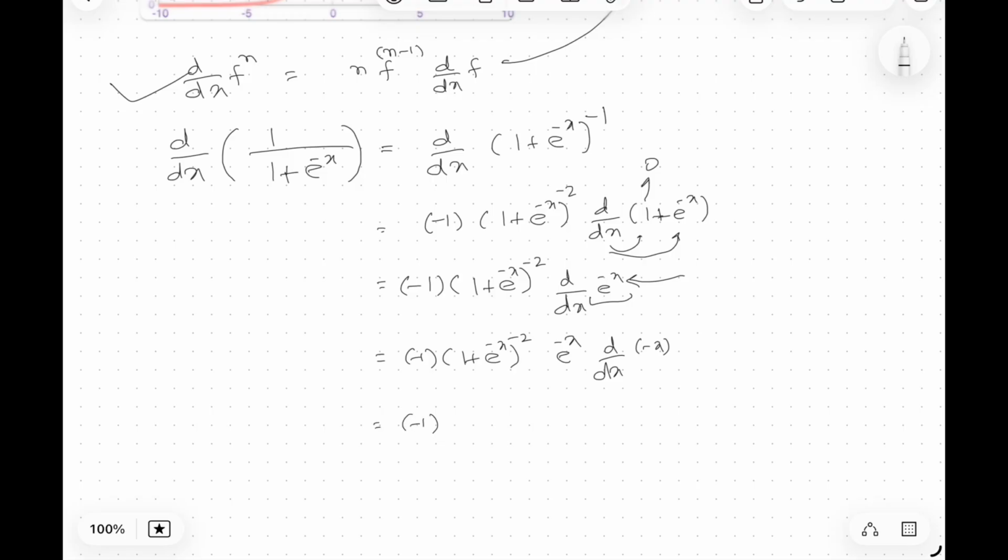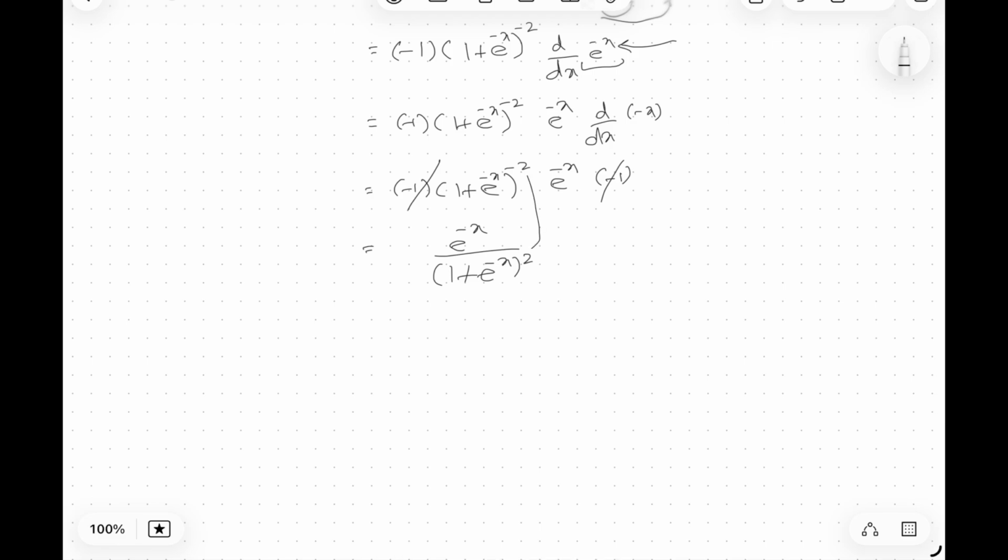This will be minus (1 plus e to the power minus x) to the power minus 2 times e to the power minus x and minus 1. Now this will get cancelled with this. You will get e to the power minus x upon (1 plus e to the power minus x) to the power 2.